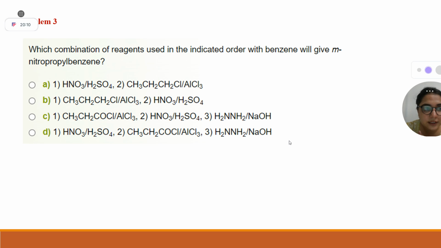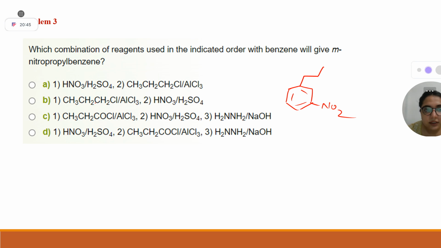Okay, they are asking which combination of reagents used in this order with benzene will give you meta-nitropropyl benzene. So your first task is to draw the structure. What they are saying is meta-nitro propyl benzene, 1, 2, 3. I think this type of question we have also covered in the last session. Okay, they are saying first nitration and then Friedel-Crafts alkylation.